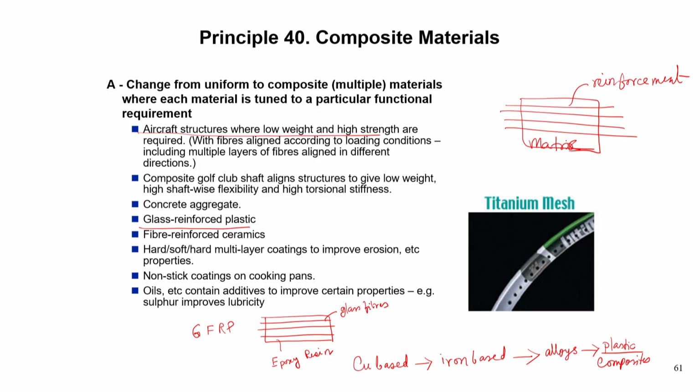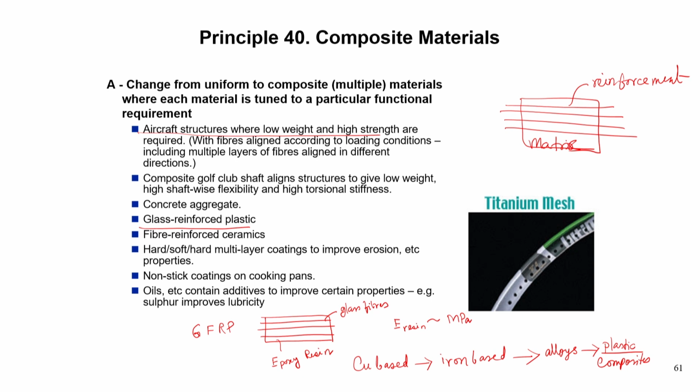Now what is the advantage? If you look at the modulus of elasticity E of the epoxy resin, E resin will be of the order of 50 to 100 megapascal.